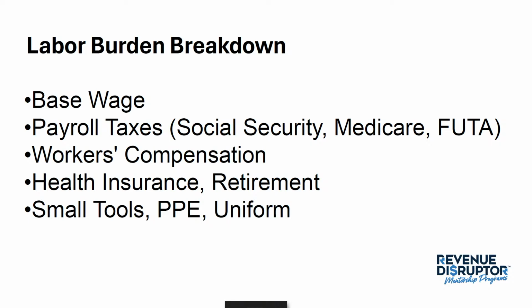So I want you to think about all the payroll taxes. I have a form that I'm going to show you, how I use it to calculate what the burden hourly rate is. So we have Social Security, Medicare, FUTA, which is the unemployment, workers' comp, health insurance.